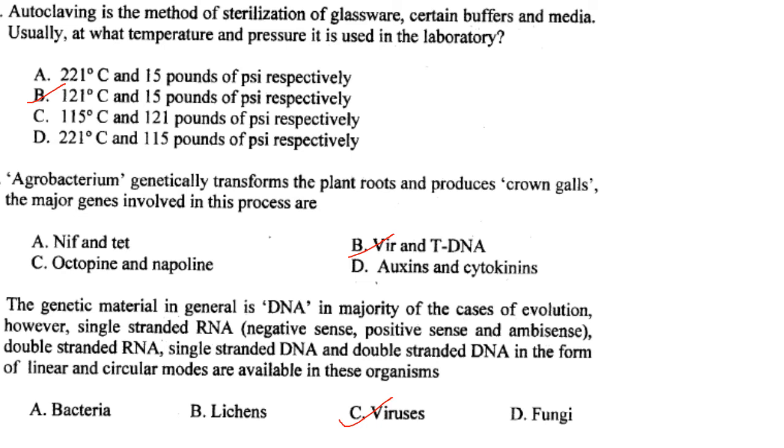So these kinds of genetic material are found in which organism out of the following options? So it is the viruses that carry these different kinds of genetic material. So answer is option C.